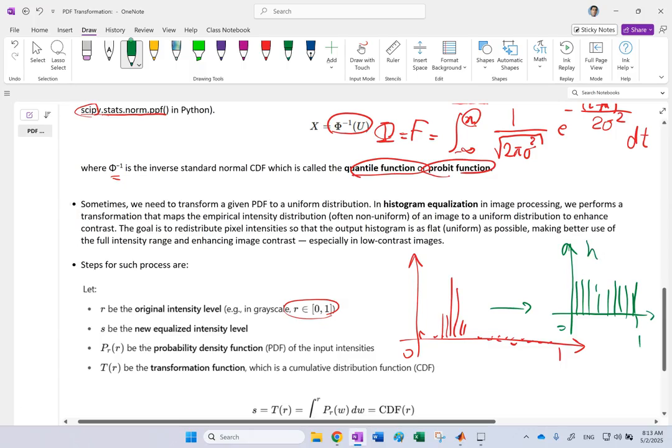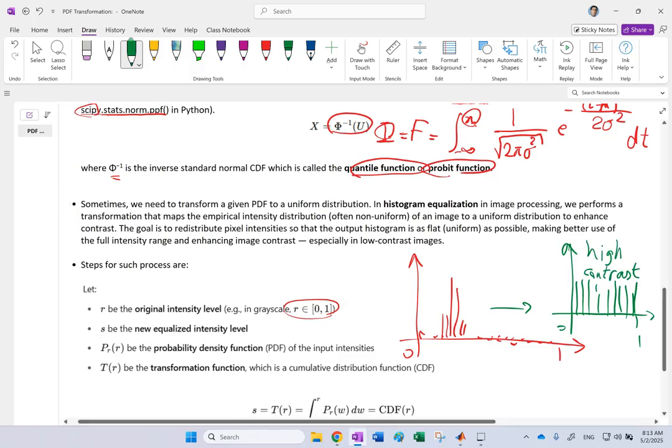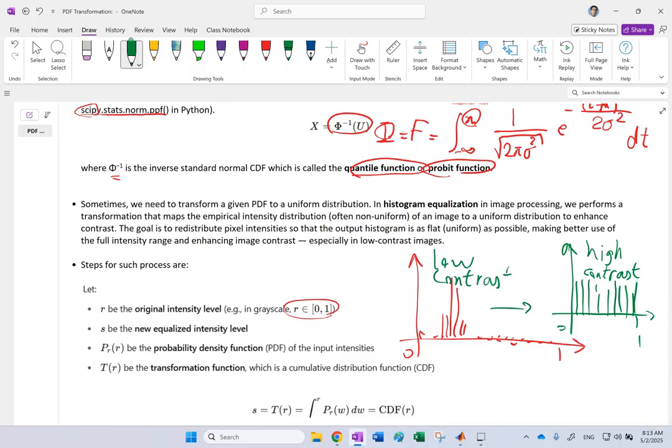That is a high contrast image, because in all shades of gray you have some intensity, but here you only have it for some specific values. So when you want to improve the contrast and sharpen the image, one way is to convert this arbitrary initial histogram, which does not necessarily follow any of the functions we learned, this arbitrary PDF, to a uniform PDF.